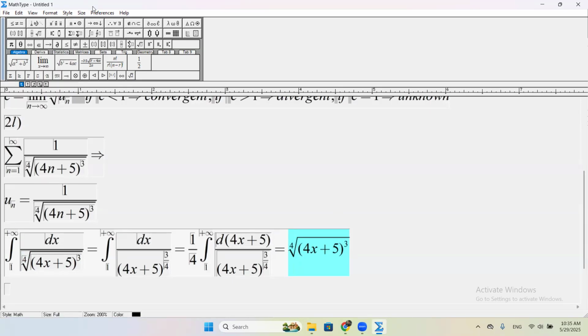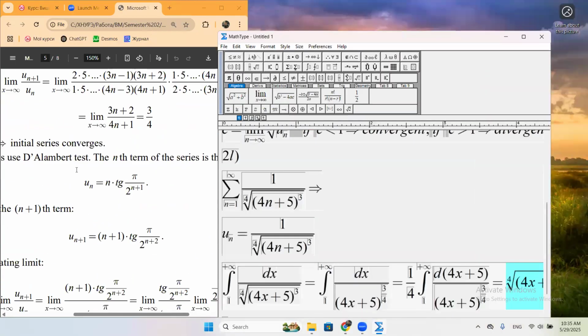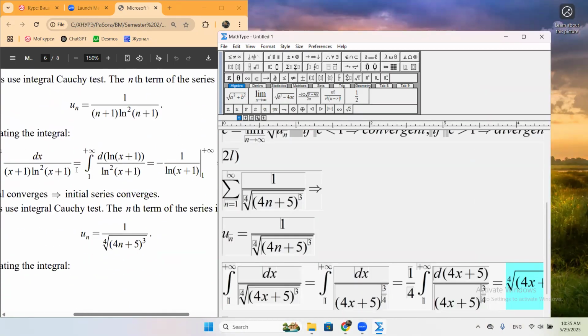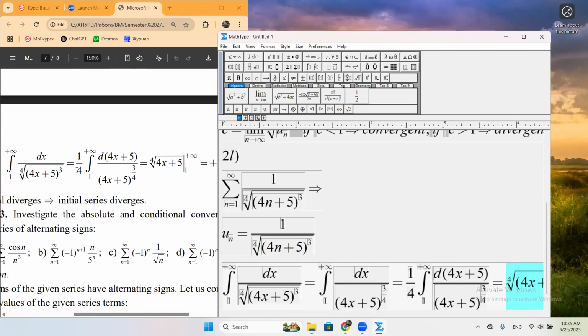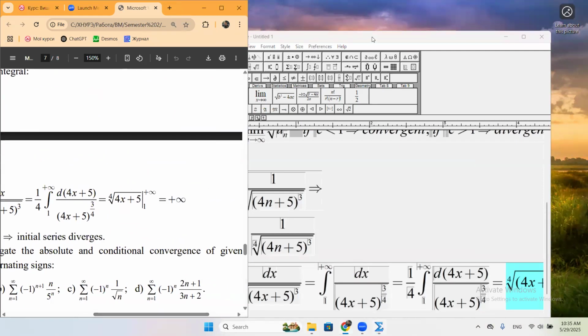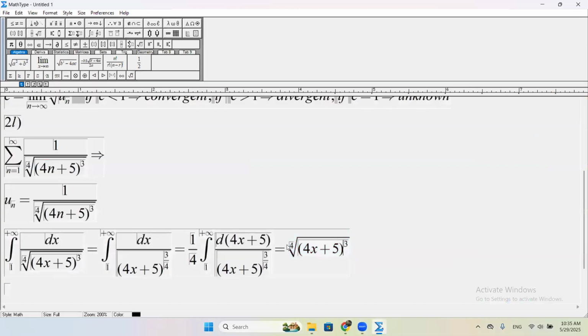Stop just a moment, let me check it here. Yes, correct. So this integral will be divergent.